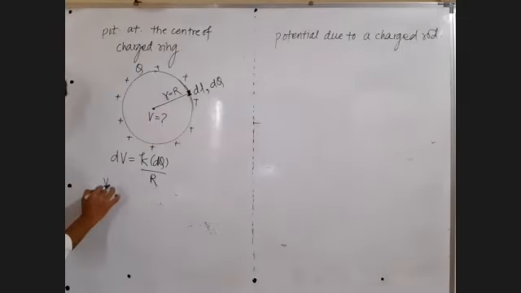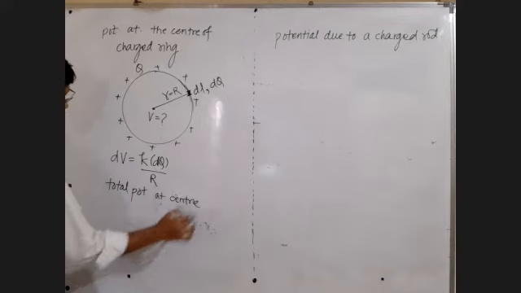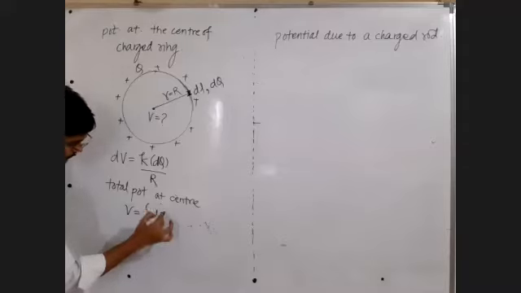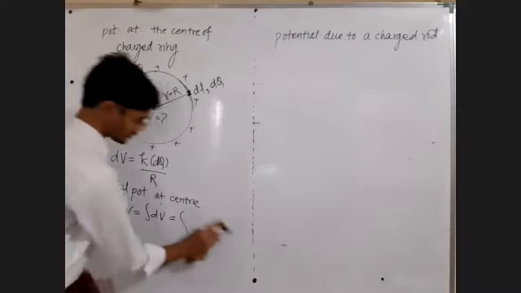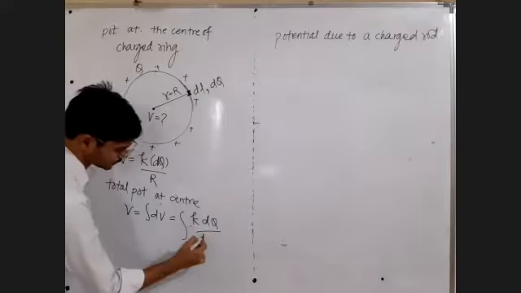Total potential at the center of the circle: V is equal to integration dV. Integration dV is integration k dq upon r.